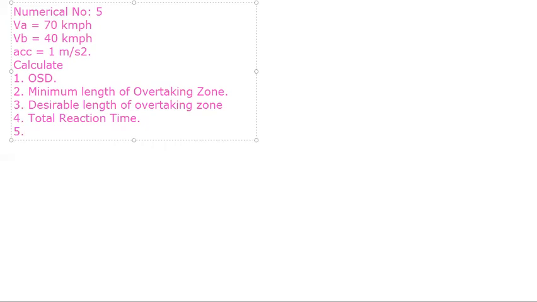Fifth is the safe distance between the vehicles, that is capital S. So these are the things that you have to find.